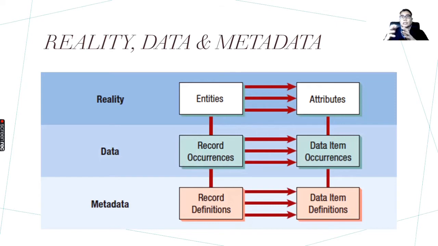As an example of data item definitions, student A has a name, and the name is a type of data, text, while his student ID is a type of ASCII or variant. Other than that, address is also a type of text. And we also have what we call the data length or data domain. So name has 30 digits and so on. These are metadata that explain the definition of the data item occurrences.